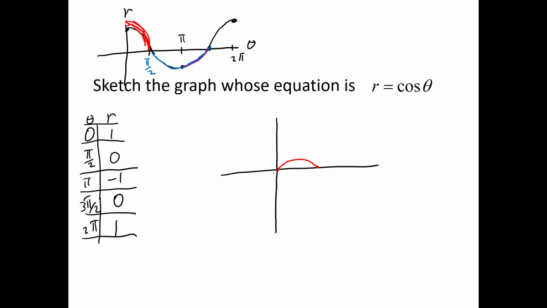Now from pi over 2 to pi, I'm starting at an r value of 0, so I'm at this point right here, and let's put that in blue. My r value decreases from an r value of 0 to an r value of -1. That's in blue. But my angles are from pi over 2 to pi.